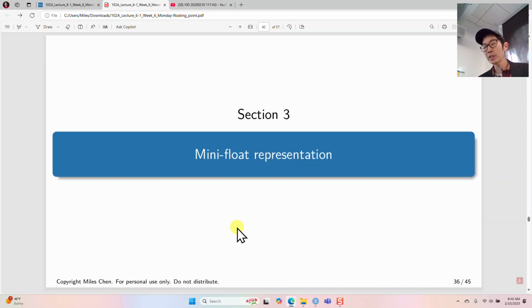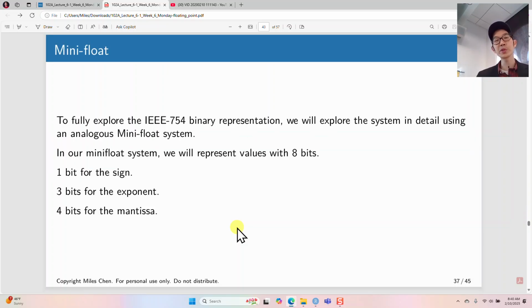All right, so to explore this a little bit, we're going to work with what I call a mini float representation. So it's going to follow the same rules and principles of the IEEE 754 binary representation, but here I'm going to only use 8 bits, okay? And they are going to get allocated as 1 bit for the sign, 3 bits for the exponent, and 4 bits for the mantissa.